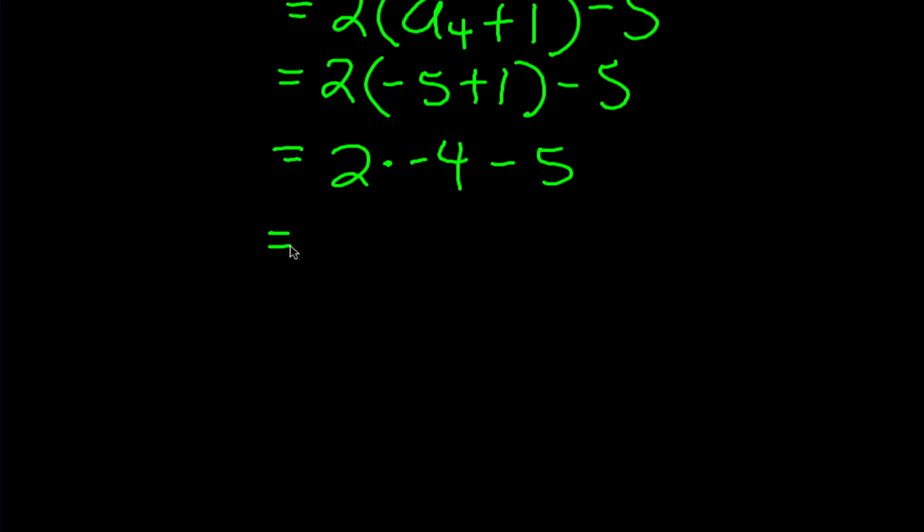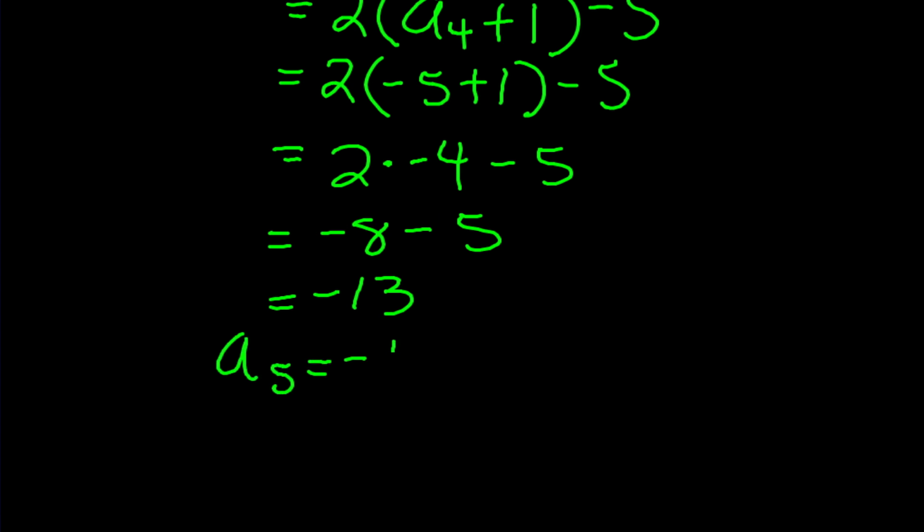That's going to be equal to 2 times a negative 4 is a negative 8. Subtract 5. Remember, when the signs are the same, you add the numbers and keep the sign. In this case it's going to be 8 plus 5, which is 13. And then it's going to be negative because both of those are negative, so it's going to be a negative 13. So my fifth term of this sequence, a sub 5, is equal to negative 13.